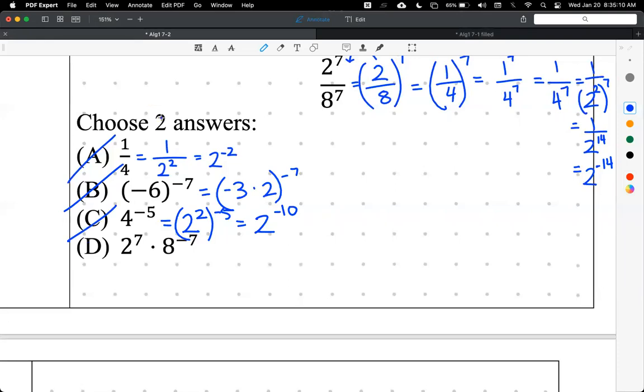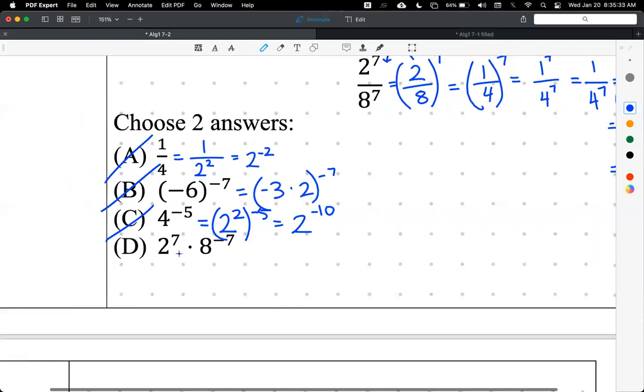It's, again, my choose 2 answers thing. I did not really think about this going into it. It's not that one. Let's look at answer D. 2 to the power of 7 times 8 to the power of -7. Well, this one is pretty cool because I can rewrite 8 to the power of -7 as a reciprocal. I can flip it.